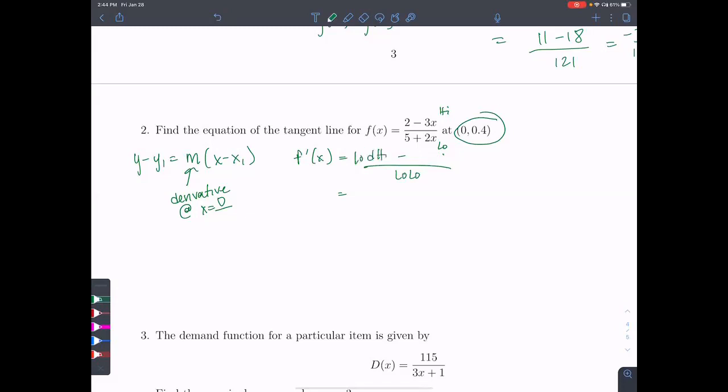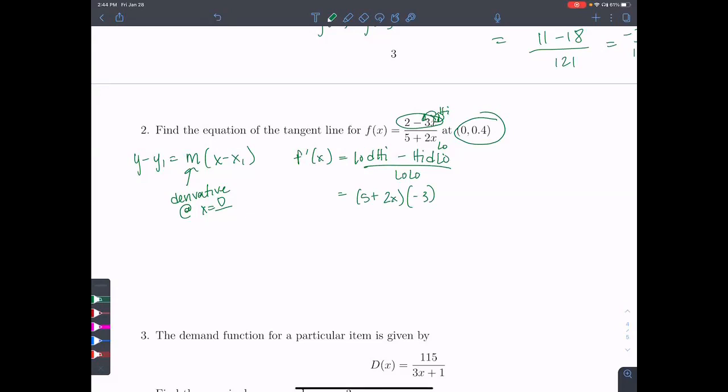Low d high minus high d low over low. Okay, so 5 plus 2x, that's the bottom function, times the derivative of the top, which would be -3. Looking at this again, with the power rule, exponent down front, that becomes -3.